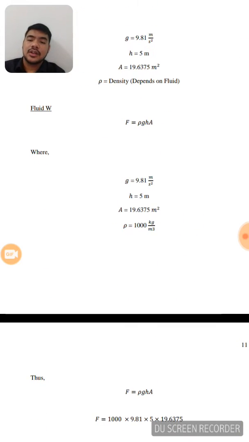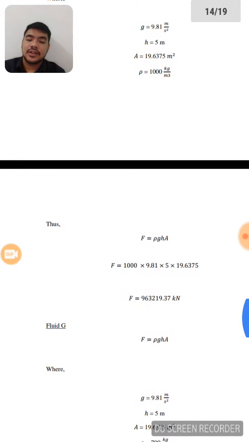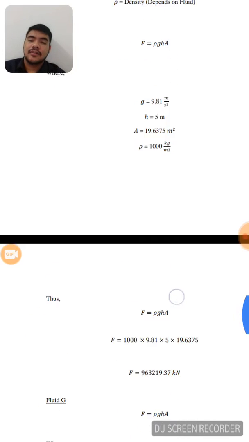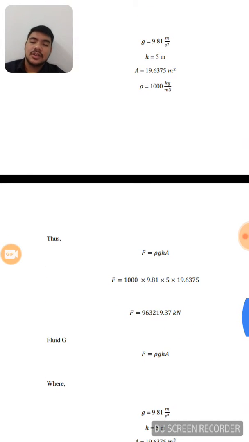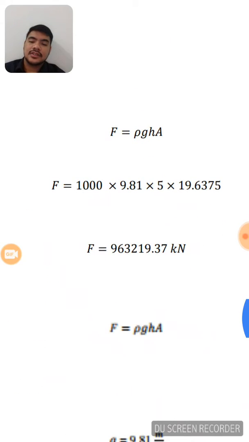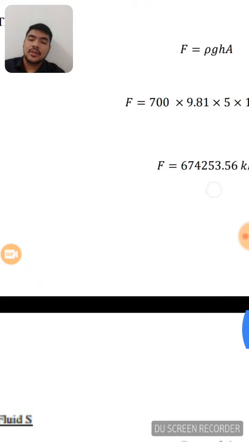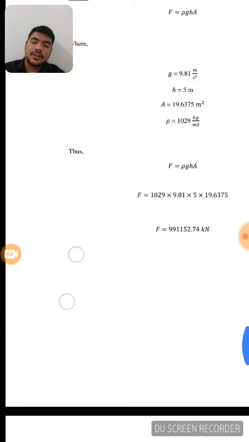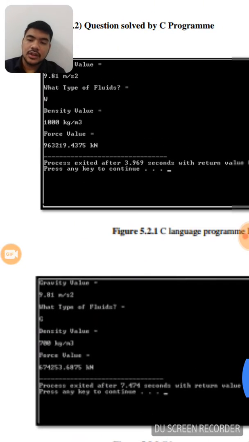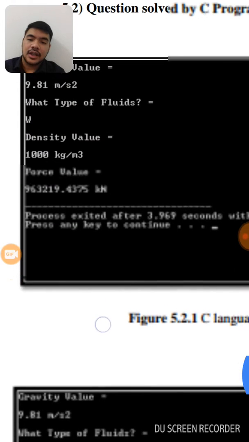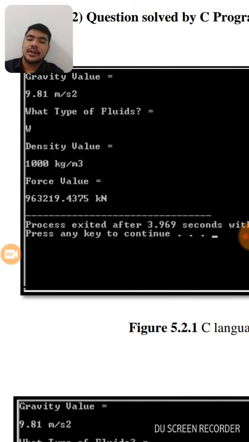Basically, when you use the theoretical method, you will get the answer for fluid W, whose density is 1000, of 963,219.37 kilonewton, which is quite equivalent to the value from our C language program.